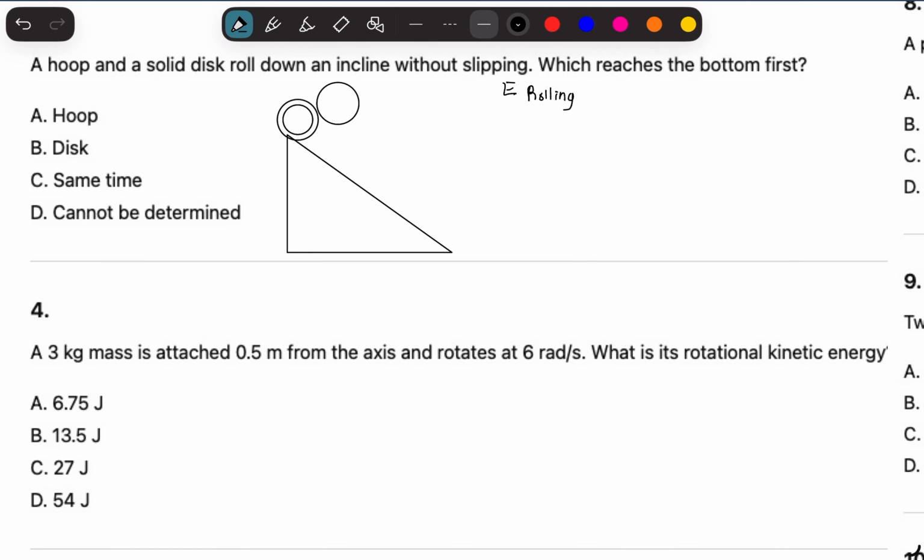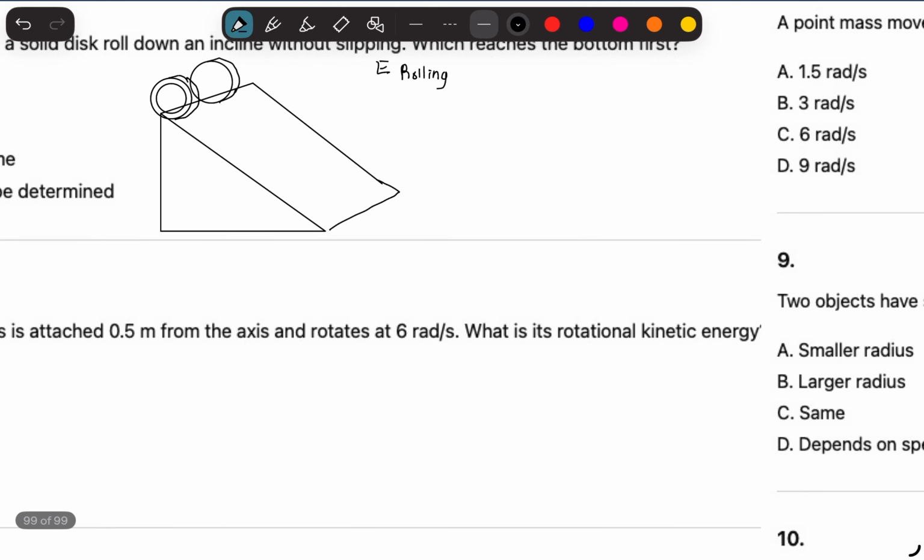So your solid disc is going to be like this, hoop is going to be like that. We want to know which one reaches the ground first. You have to examine your inertias. So you have K is equal to 1/2 mv squared at the bottom. So E final is going to be all kinetic energy. So that's going to be K translational and K rotational.